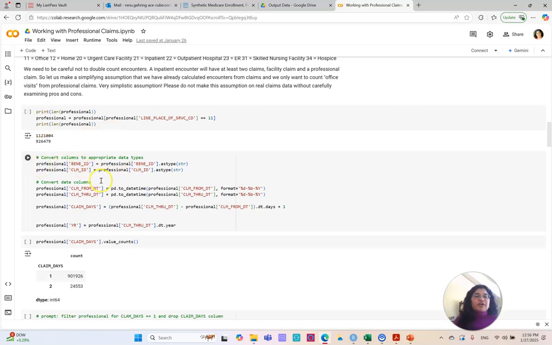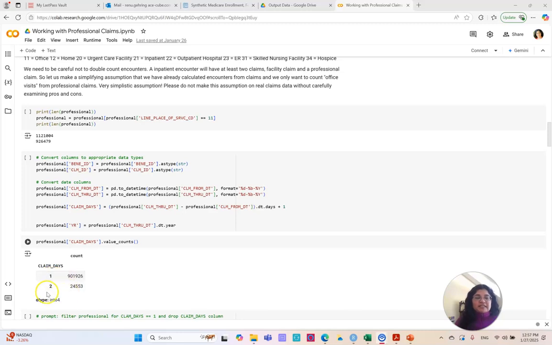Then I'm reading in my columns to their appropriate data types. One thing I was curious to do is there is no concept of length of stay here because this is a professional claim. They're not staying, but there is a claim from date and a claim through date. And professional providers sometimes bill for a whole month, which might have 5 visits. So I was curious to see if the claim from and claim through covered multiple days.